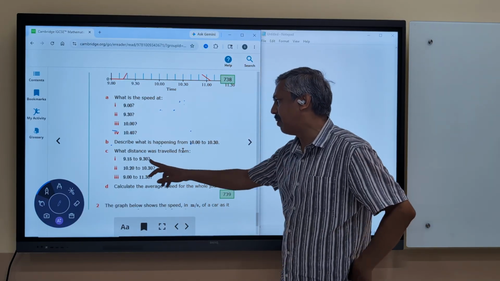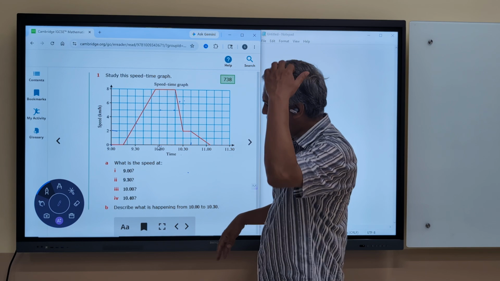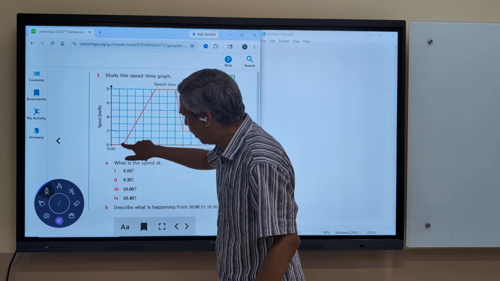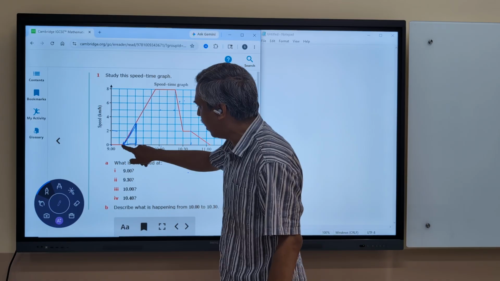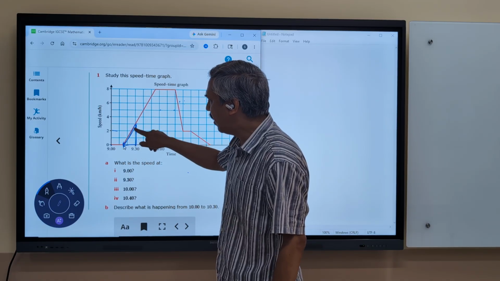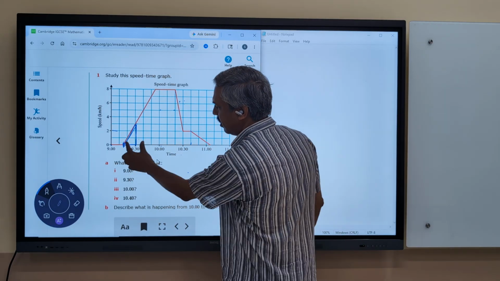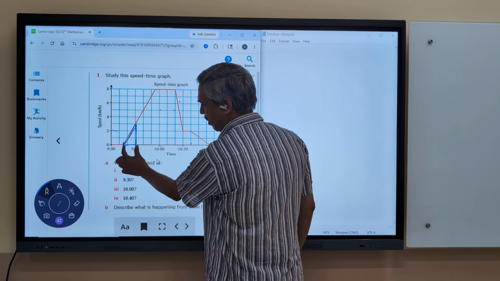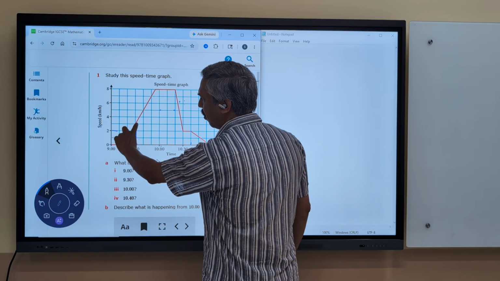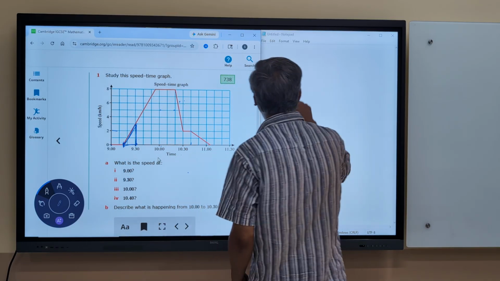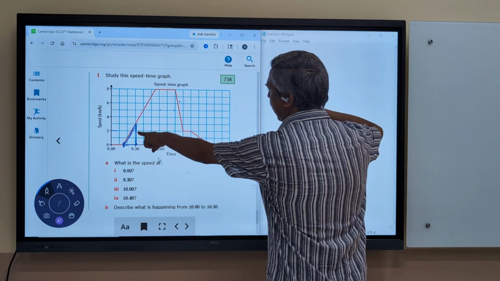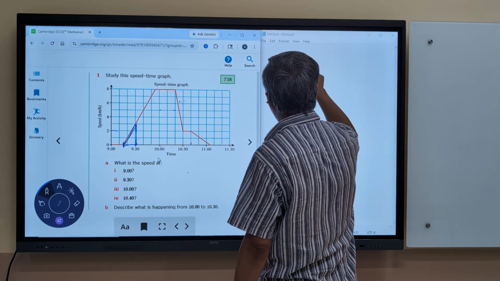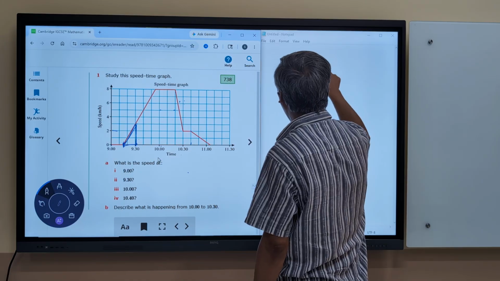What is the distance traveled from 9:15 to 9:30? Let's solve this now. 9:15 is here, 9:30 is here. This is the graph from 9:15 to 9:30. Just find out the area of this triangle. This is 15 minutes and this is 3 kilometer per hour. The area of a right angle triangle, not rectangle, sorry, is half into base into height.